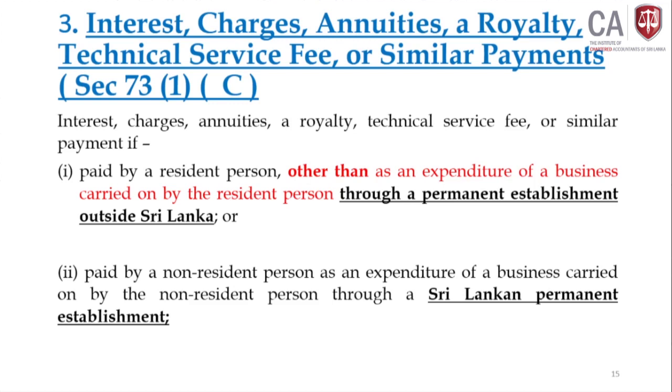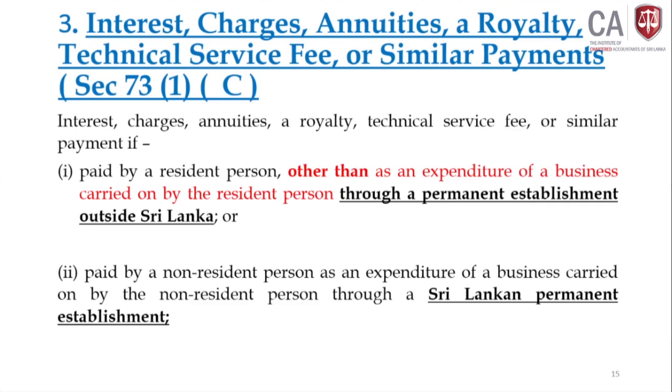This is very simply talking about the resident person making payments as an expenditure of the business carried out by that person under the foreign permanent establishment. Okay, it has "other than", that means that part has been excluded.